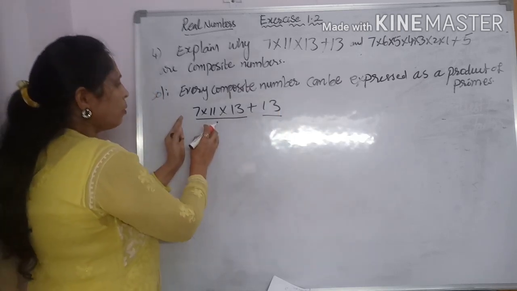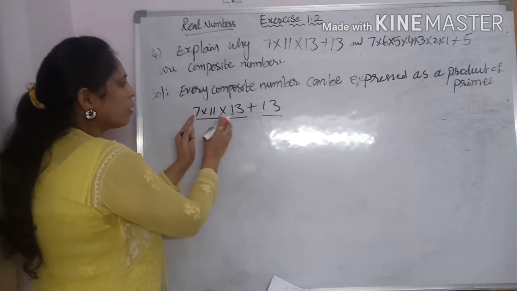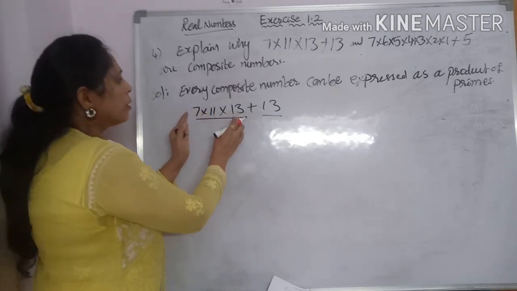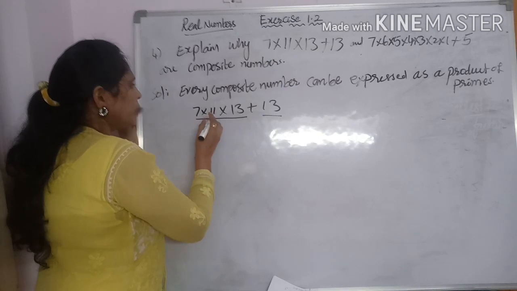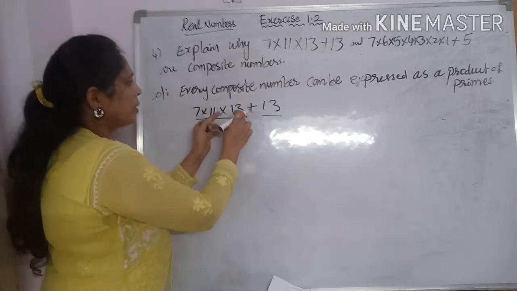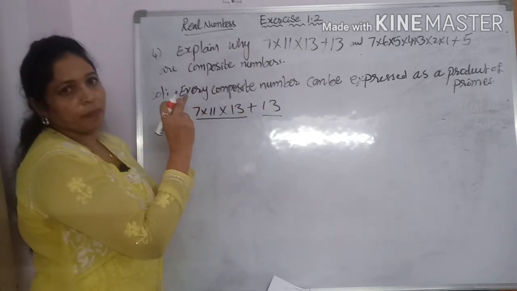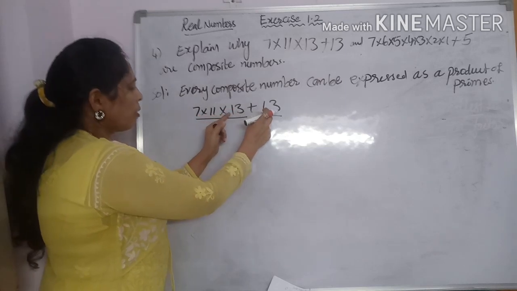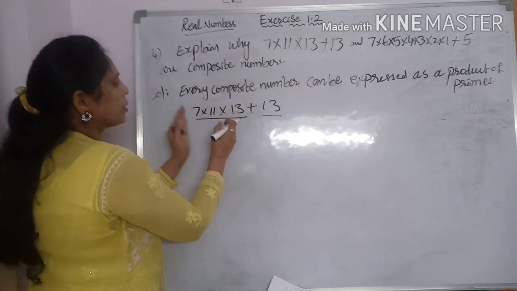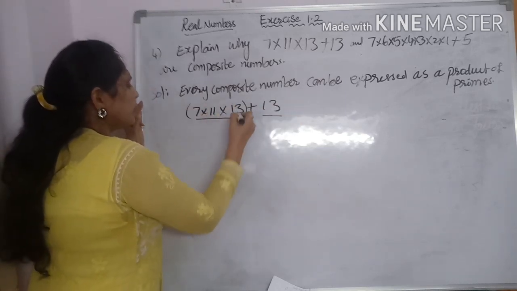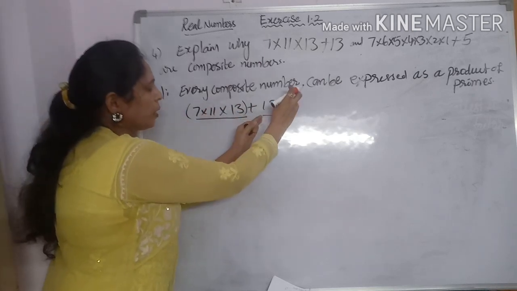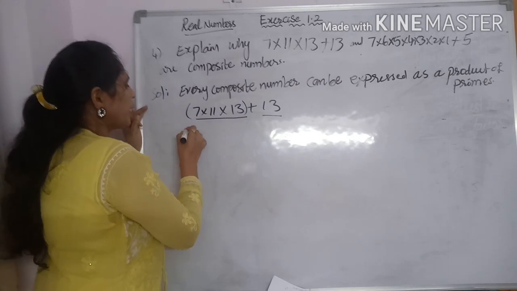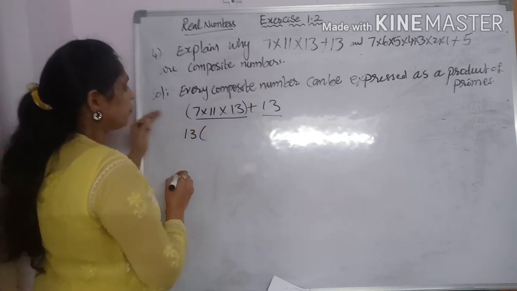So now we can take a common number. When we have two terms, we should check: is there any common number? Yes, the common number is 13. So 13 is common to these two terms. This one is treated as one term, and here the second term. So we should take 13 common.